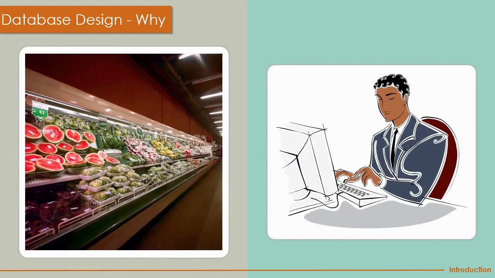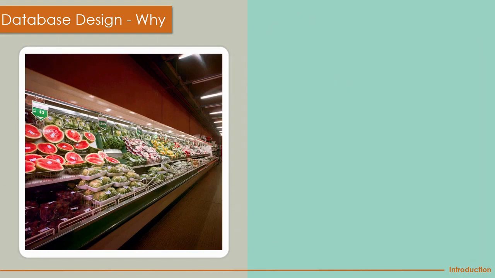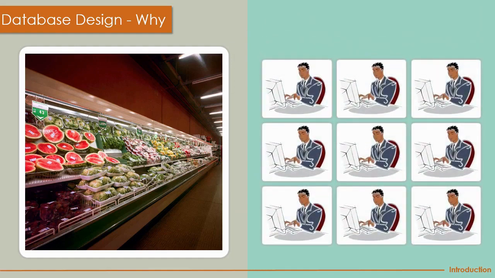But if you need to build a large system like a supermarket information system, you can't just do it by yourself. You need to have a team work together in order to build the system. In this case, you need a blueprint, and database design is one of the blueprints of this system. So the different team members can understand what they need to save and how to retrieve the data by just looking at your database design.